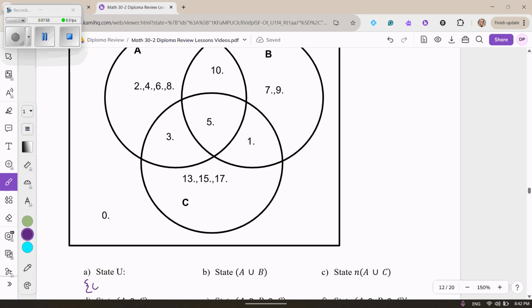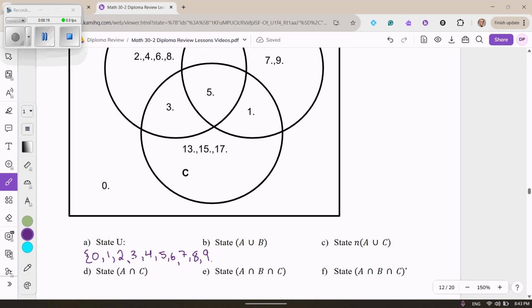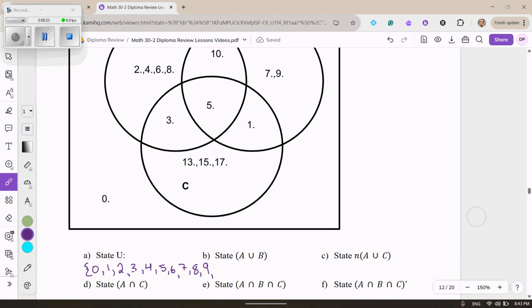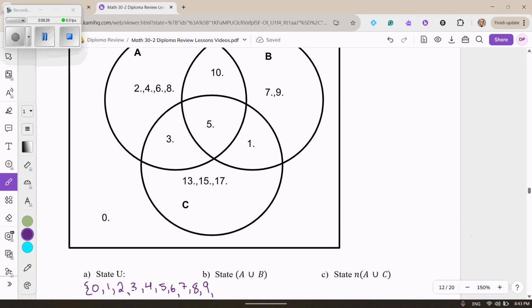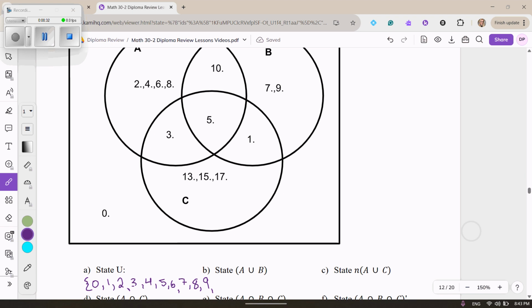So I see 0, 1, 2, 3, 4, 5, 6, 7, 8, 9, 10, 13, 15, 17. I can see here that I didn't quite leave enough space.